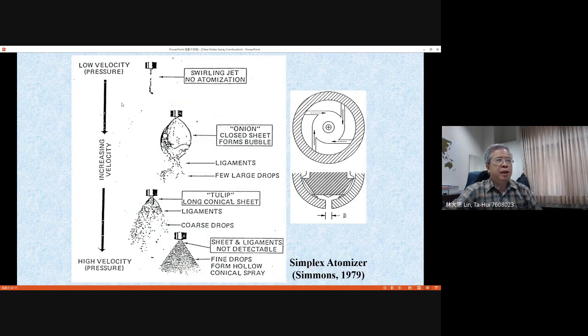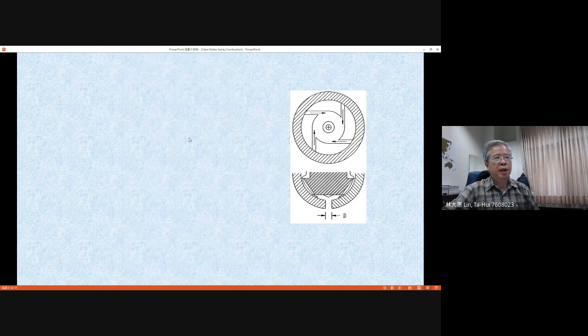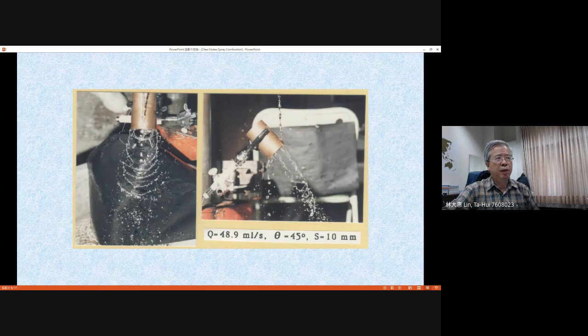But in this case, since the velocity is too low, the wave disturbance is not too strong. That means the liquid sheet can extend to a longer distance. Then you can see a so-called onion shape. You look at an onion, it has several layers, right? And those surfaces look like a full surface, and they have some wave disturbance as I showed before, on the liquid sheet.